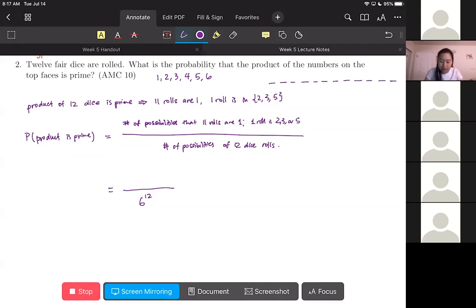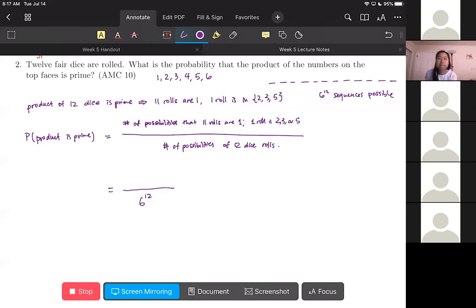We decided there were 6 to the 12 sequences possible for the denominator. And then we want to count how many sequences exist where 11 of them are 1s, and then one of them is 2, 3, or 5. So how do we count that? Wouldn't it be 12 to the 12 cubed? Why is that?